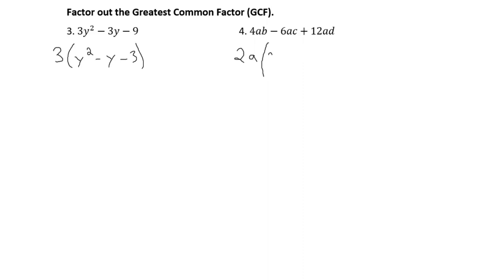What's left is 2b minus 3c plus 6d. And so 2 times 2 gives you the 4, 2 times negative 3 gives you the negative 6, 2 times 6 gives you the 12, a times b gives you ab, ac gives you the ac, and ad gives you the ad. So this multiplied out does give us our original expression.